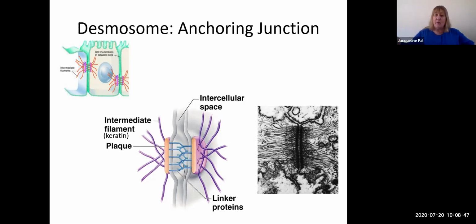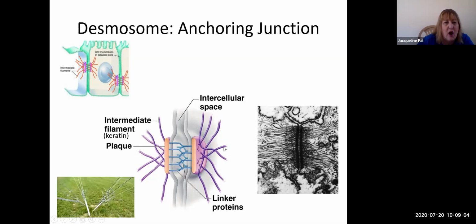Has your zipper ever popped? Yes, if you put pressure on it, it pops. But your cells are smarter than your clothing zippers, okay? Because also attached to those intracellular protein plaques we have these purple fibers, which are keratin filaments. So think of them like the big guy wires that are attached to telephone poles that are tethered further along.